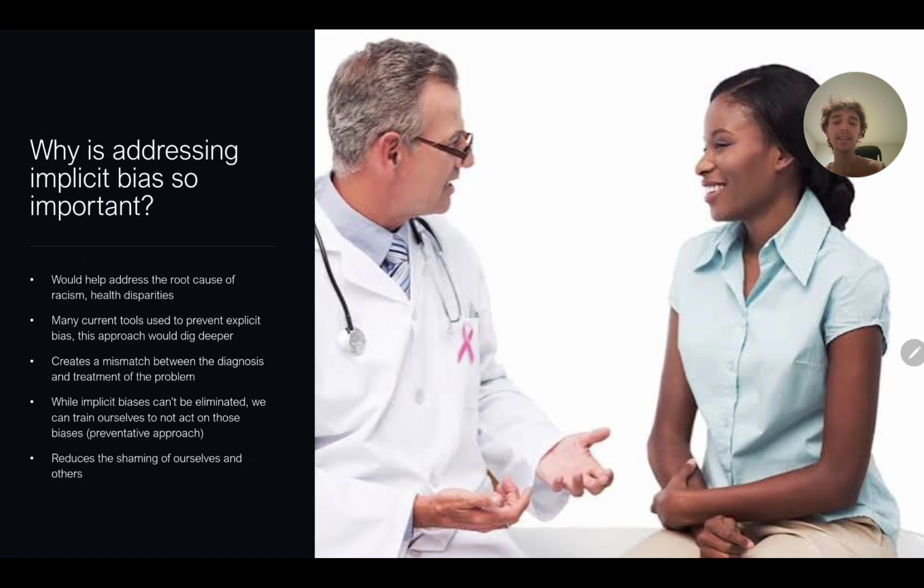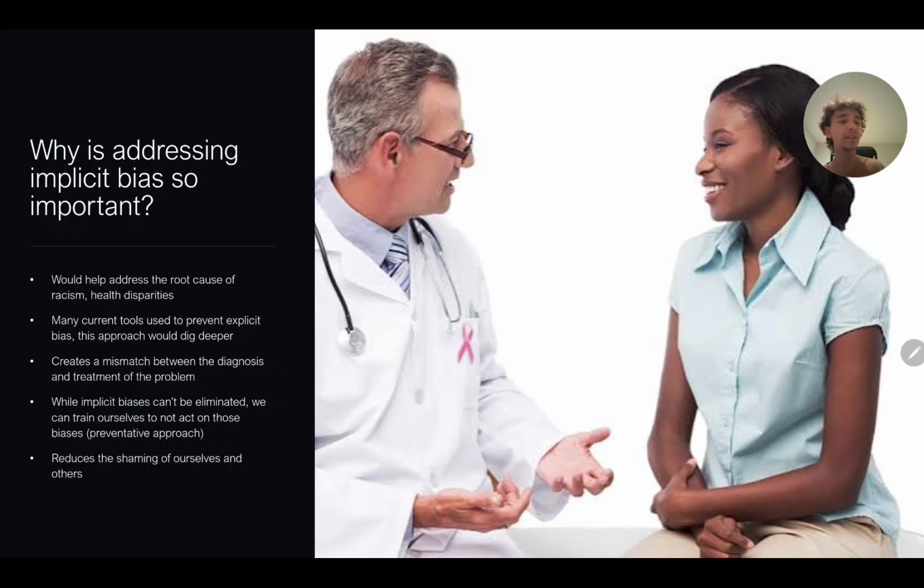So then why is addressing this implicit bias so important? Well, first off, it would help address a root cause of racism and a root cause of one of the major health disparities in this country. We would be digging deep within ourselves to truly find out what we can do better from within instead of looking on the outside.